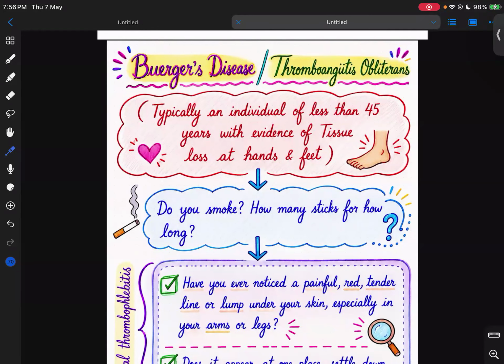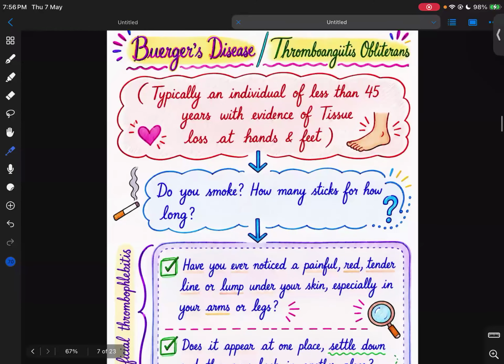So what should be the screening question? The screening question will be, first, do you smoke? If she or he smokes, how many sticks and for how long? It happened at Pondicherry Center that a 40-year-old female was given, and she had 4 to 5 fingers amputated at the hand and 3 fingers amputated at the leg.